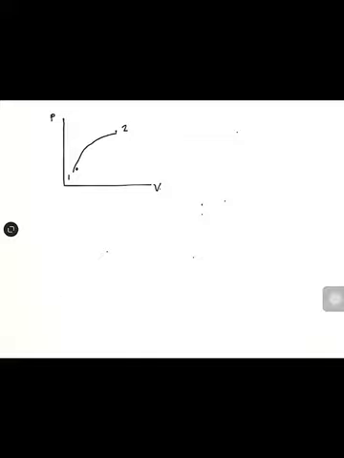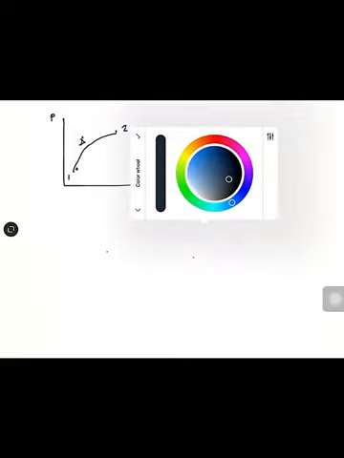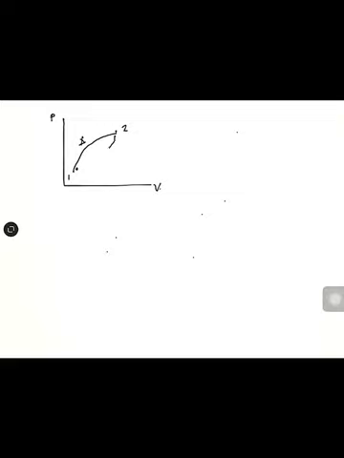This is our path A here, this path B, the path C. Okay.